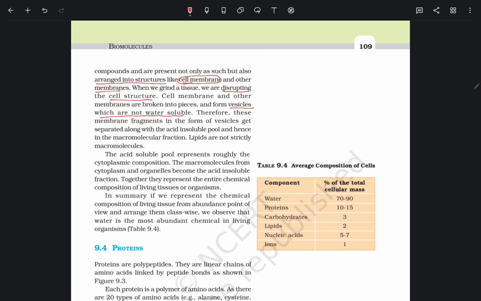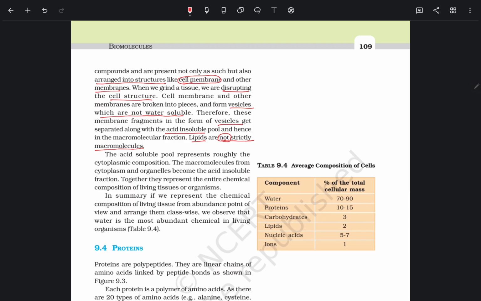Therefore, these membrane fragments in the form of vesicles get separated along with the acid insoluble pool, and hence in the macromolecules fraction. Lipids are not strictly macromolecules.